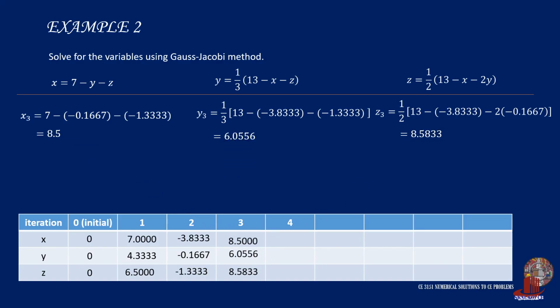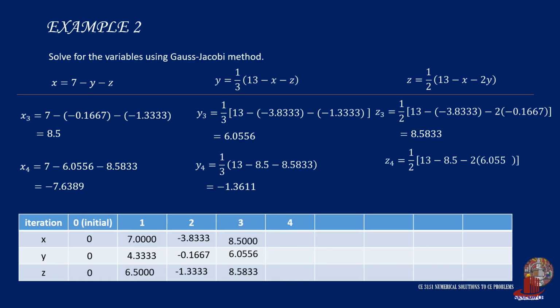So we proceed with the fourth iteration. X sub 4 is 7 minus 6.0556 minus 8.5833, resulting to negative 7.6389. Y sub 4 is 1/3 times 13 minus 8.5 minus 8.5833, which is equal to negative 1.3611.